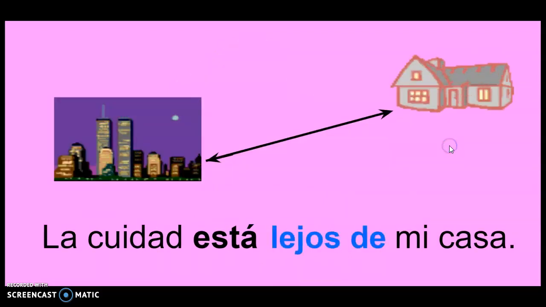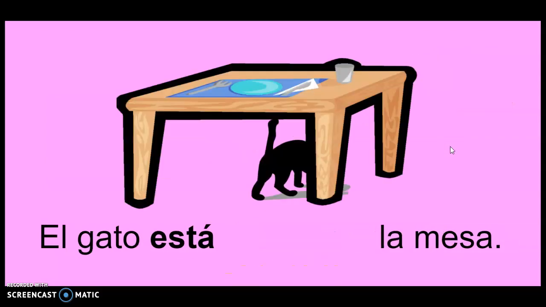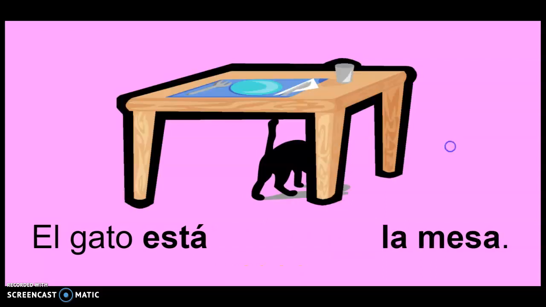La ciudad está lejos de mi casa. El gato está debajo de la mesa. El gato está abajo de la mesa. So we have some English words that have multiple Spanish meanings, right?